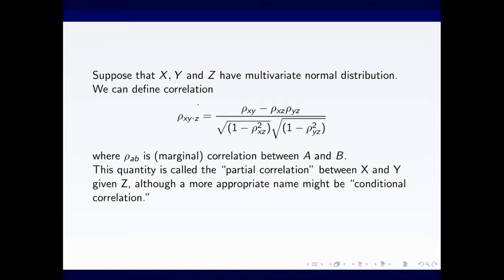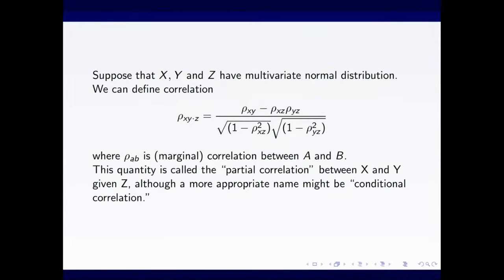We define the partial correlation rho xy dot z, which is rho xy minus the product of rho xz and rho yz, divided by the square root of 1 minus the square of the correlation between x and z, times the square root of 1 minus the square of the correlation between y and z.